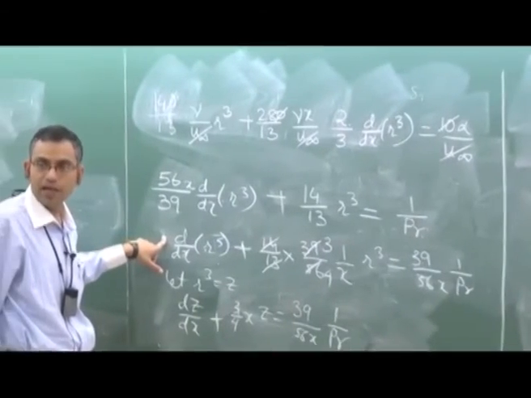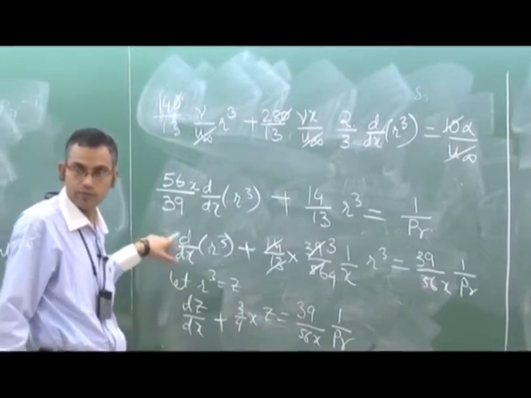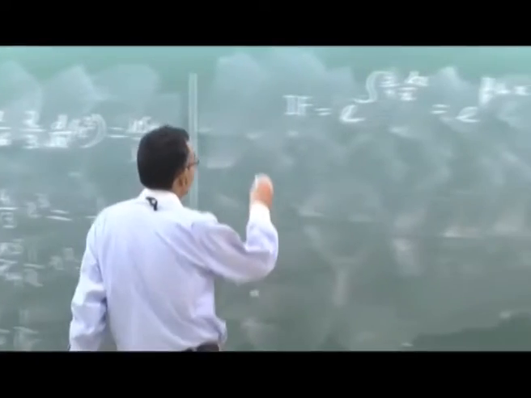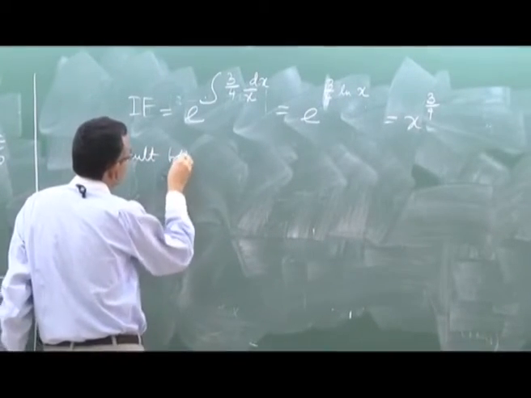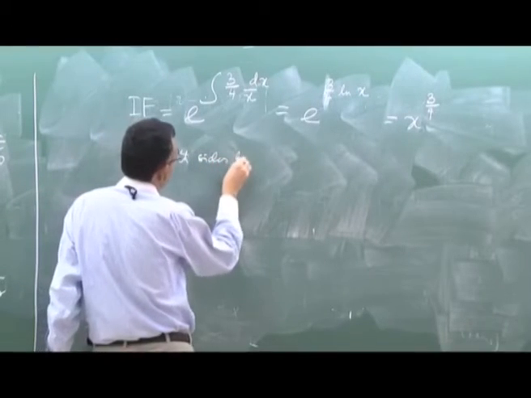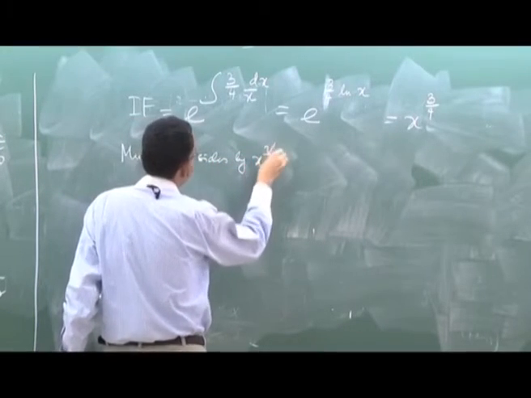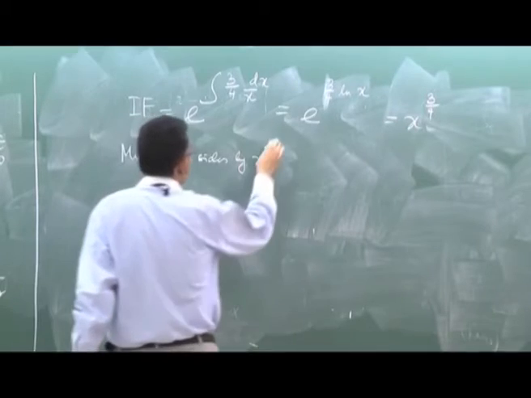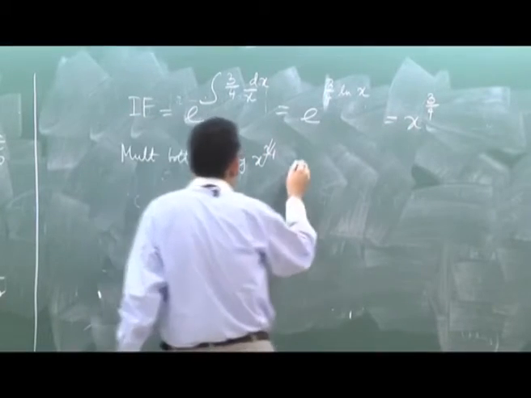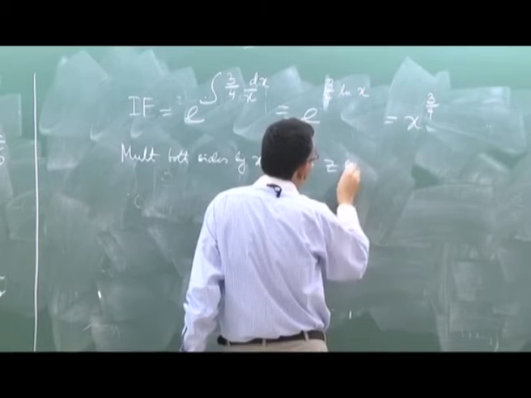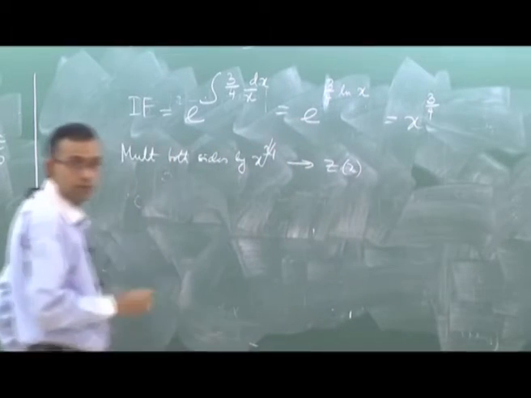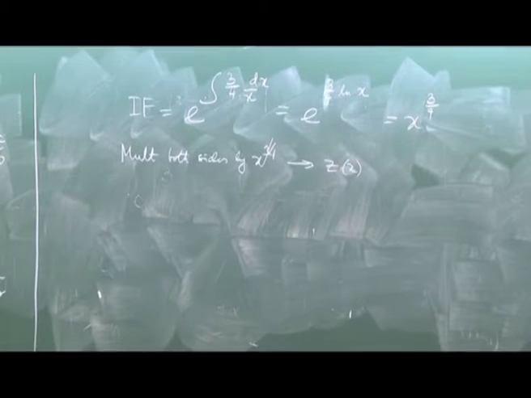So you multiply both sides by x to the power 3 by 4. And that should give you what is z as a function of x. Remaining is straightforward.